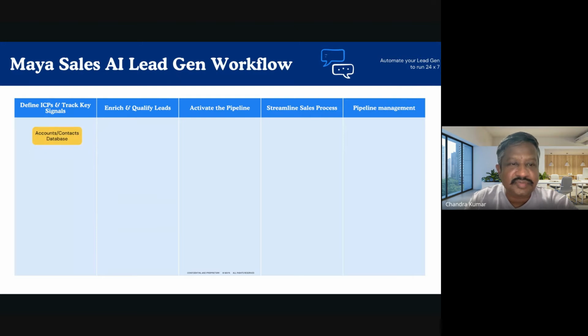The first step of any salesperson is to have a good accounts and contacts database, right? You need to call people, find out which companies they are working in, and really understand their buying preferences. Especially in a B2B, business to business, sales scenario, you then create what we call lists.